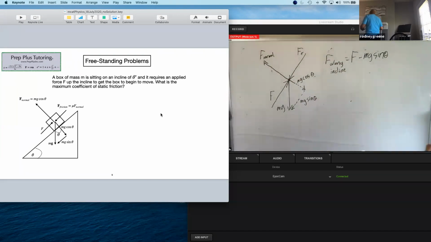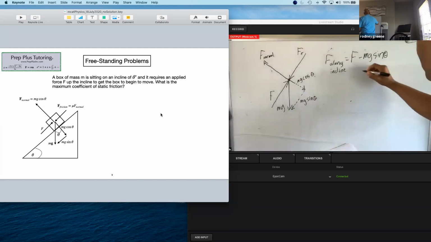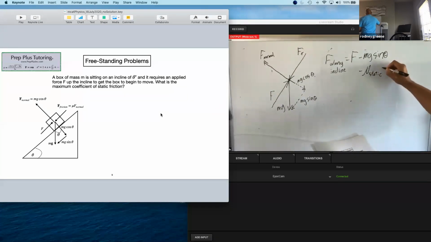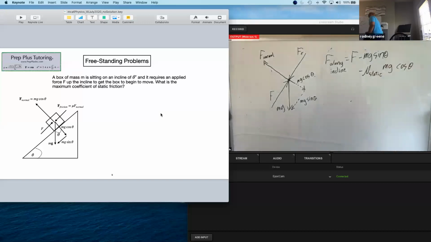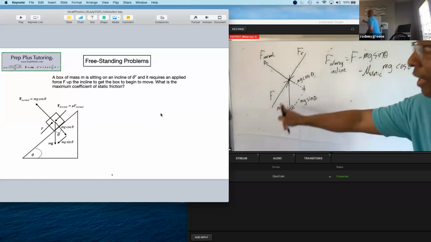And if I move my enormous head, minus mu static mg cosine theta. So now this is Newton's law along the incline.